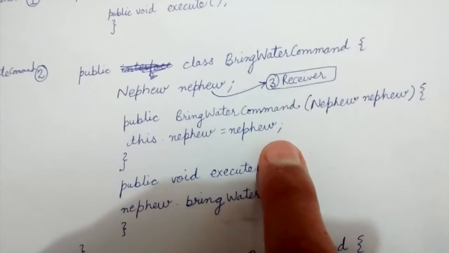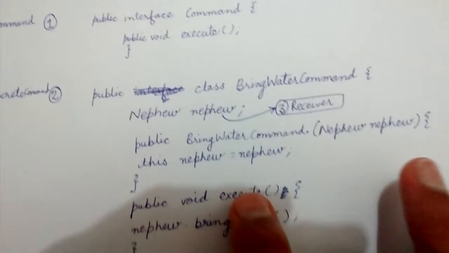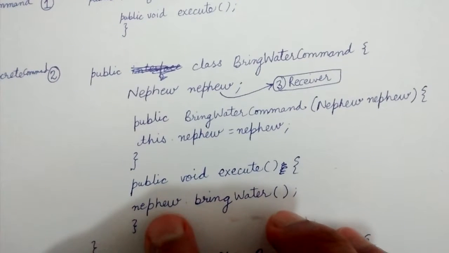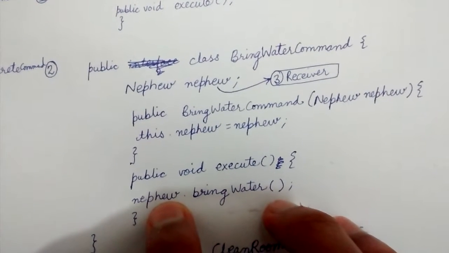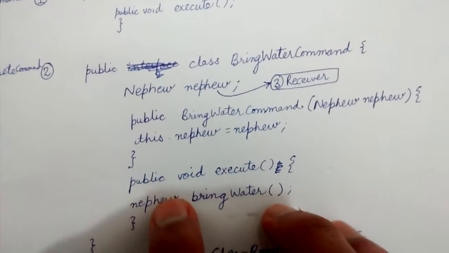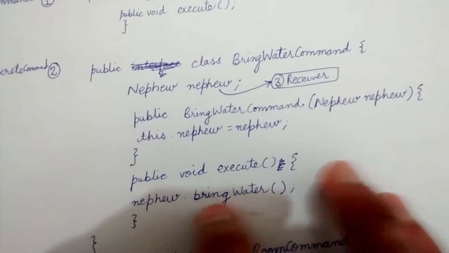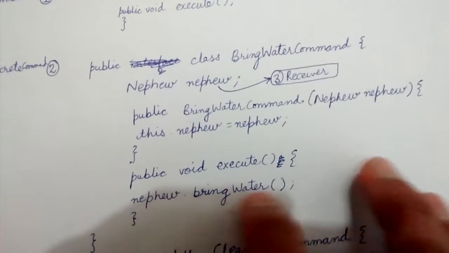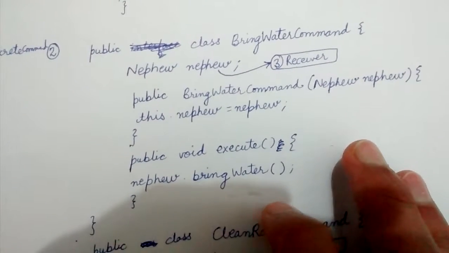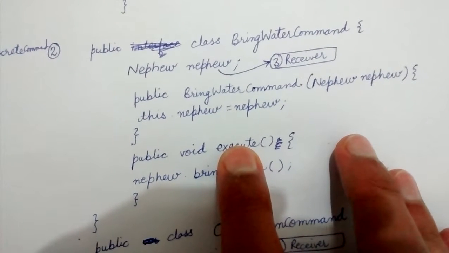When we implement the execute method of our parent, we actually call this bring water method on this nephew reference, because this is the actual receiver, and the nephew class has the business logic to execute this bring water method, and this is simply a constructor. So behind the scenes we are calling the nephew's bring water method when the execute method is called on us.